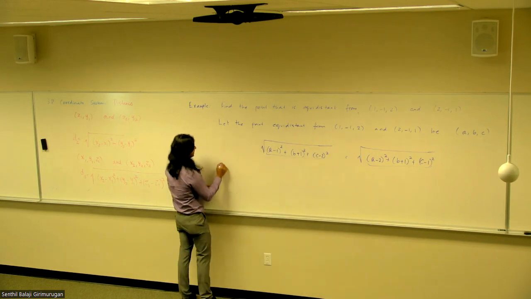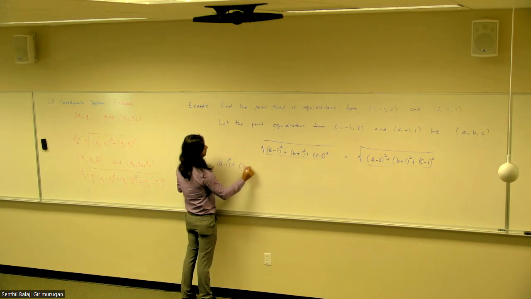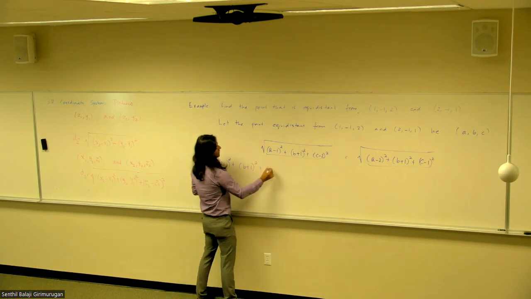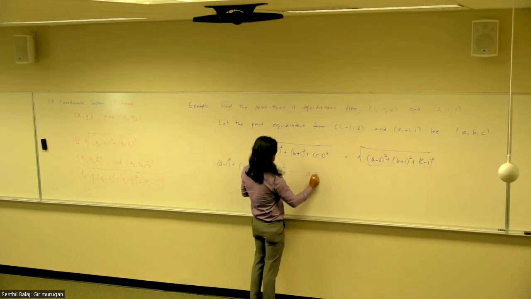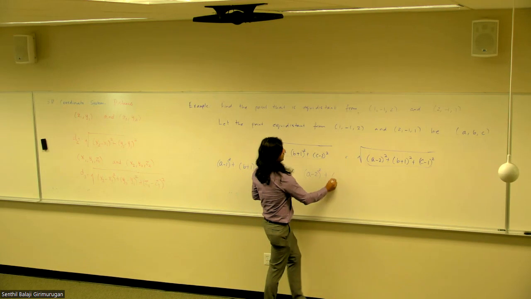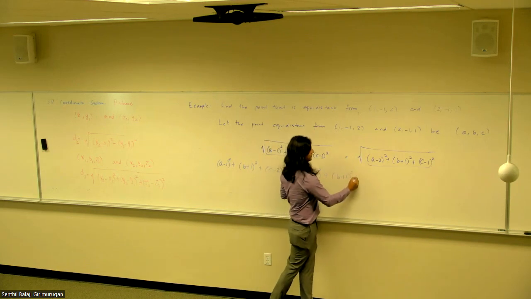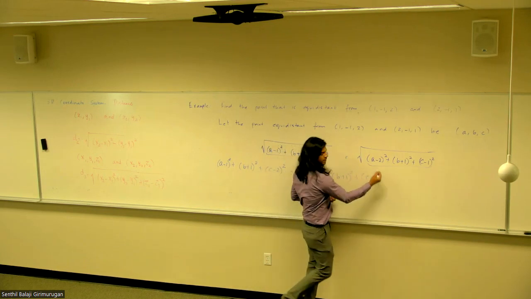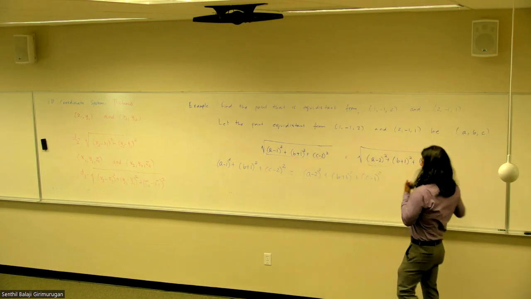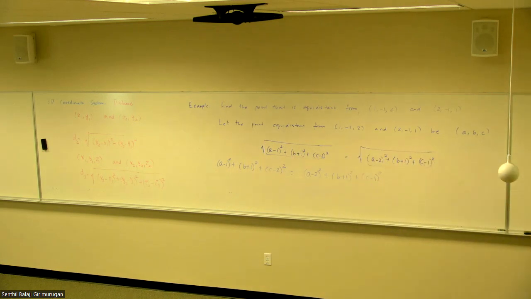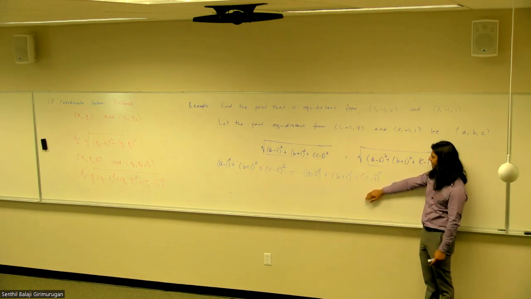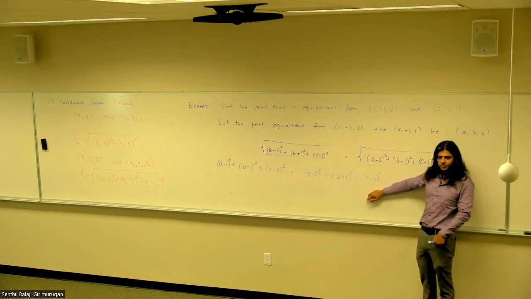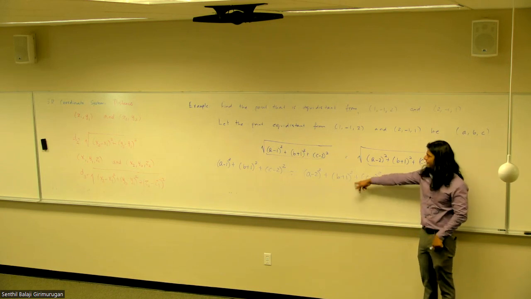So I can write A minus 1 squared, B plus 1 squared, C minus 2 squared equals A minus 2 squared, B plus 1 squared, C minus 1 squared. That's Haley's suggestion of equating distances. One of the terms would go away, okay?